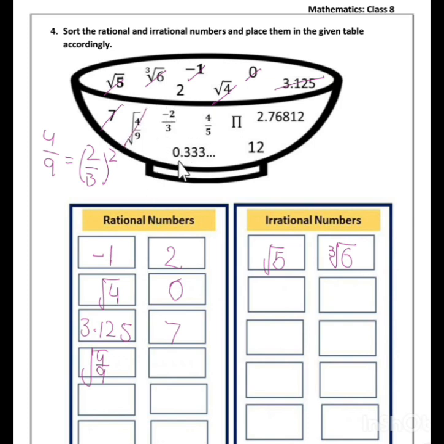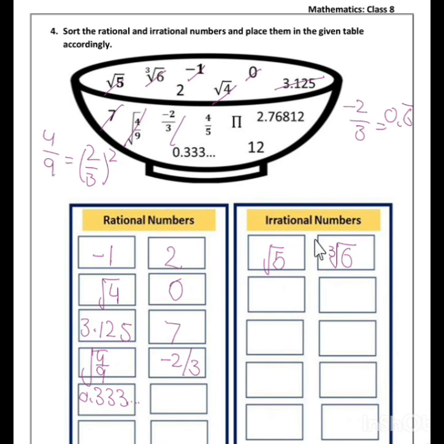If you can recall, minus 2 by 3 is equal to 0.6 with a bar. It's a recurring decimal, so it is also a rational number. Then is 0.333. This is showing a recurring or repeating decimal, so I will write this down here also.